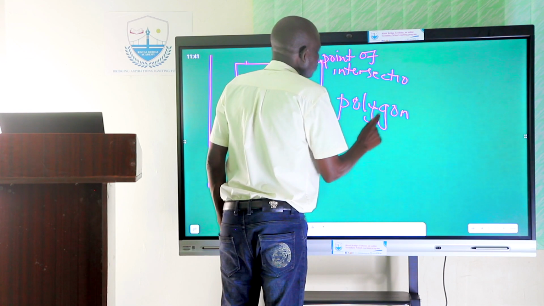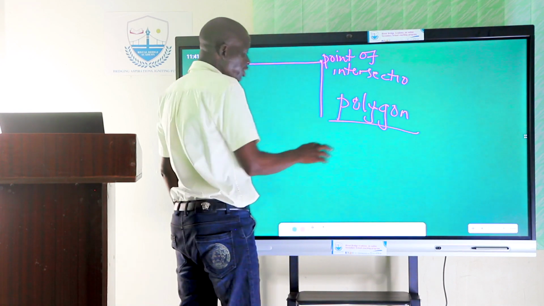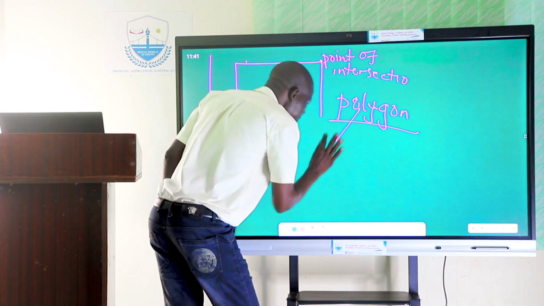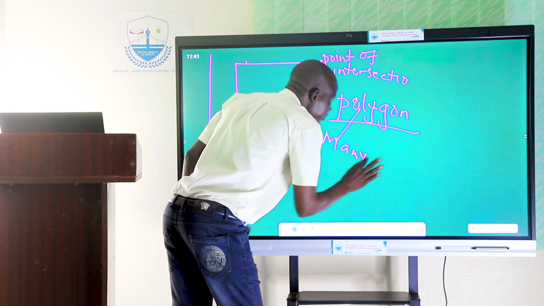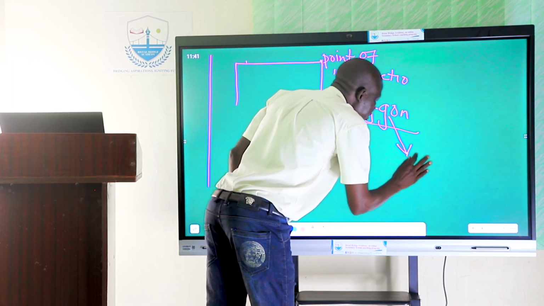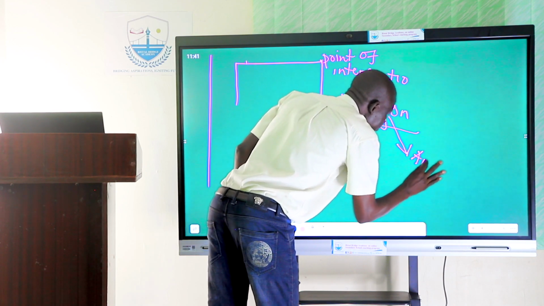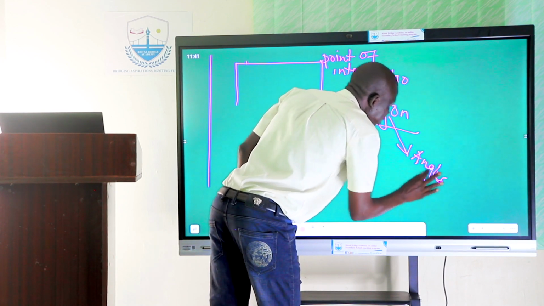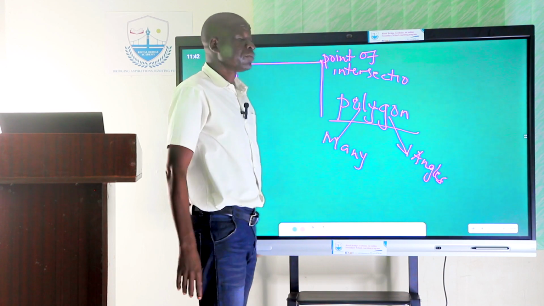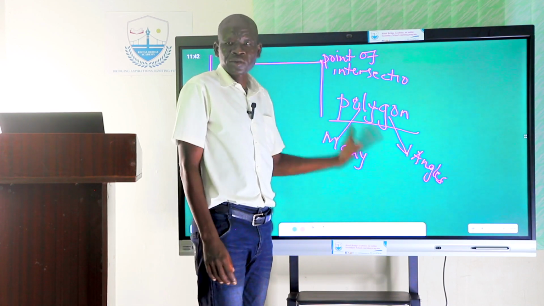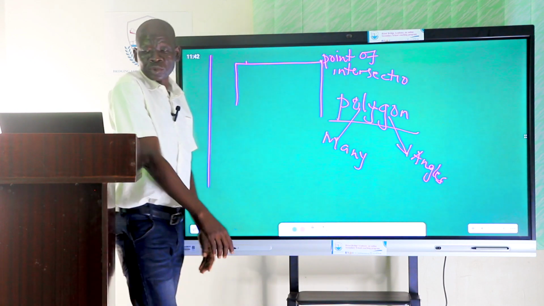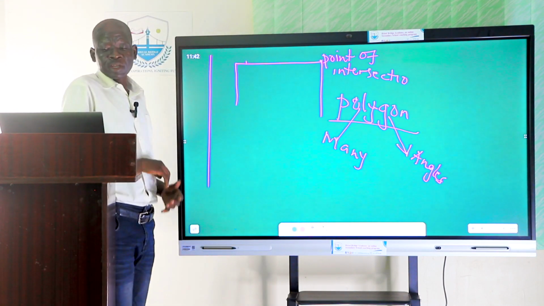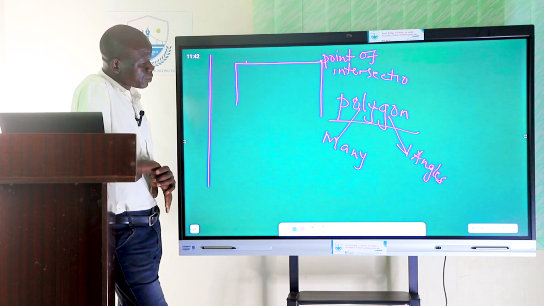The word poly stands for many, and gon stands for angles. Therefore, polygon means a figure with many angles.